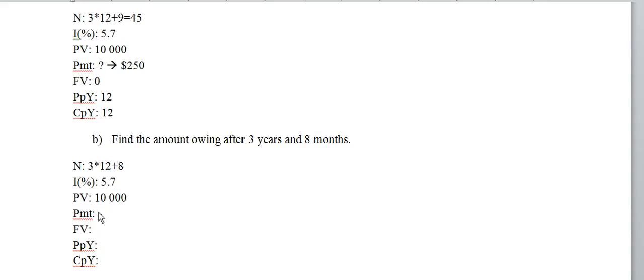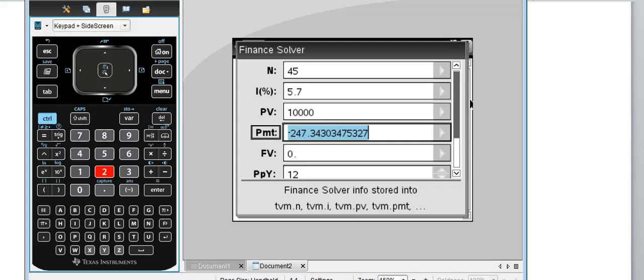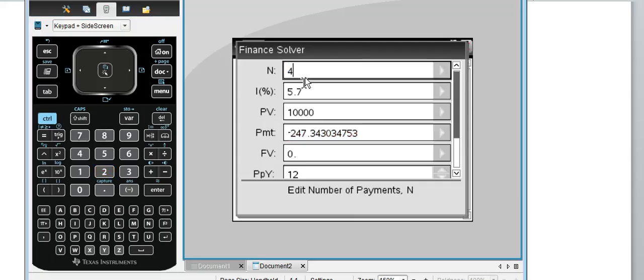We're making payments. Unfortunately, those payments are coming out of your pocket at negative 250. We want a future value, that's our question mark, what we're actually looking for. PPY and CPY are 12. So we go through and just make those little changes. 3 times 12 plus 8 should be 44, so just one fewer payment.